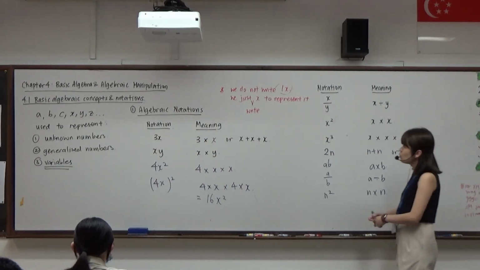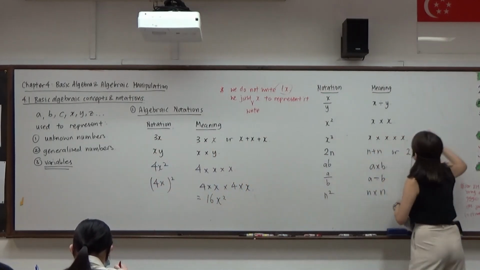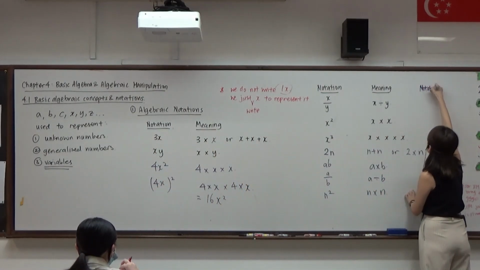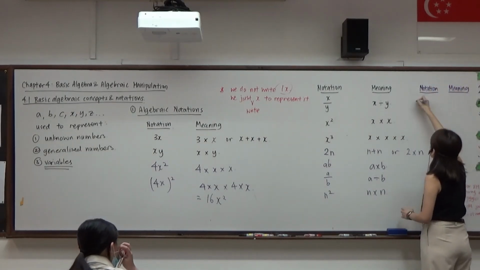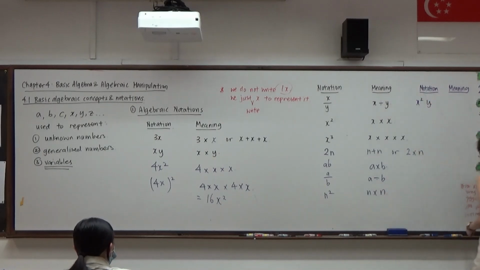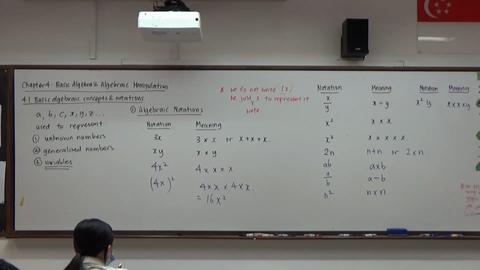Let's do one last one. Let me just write here: notation and meaning. What if I have x squared y? Not sure what you think it means. x times y. Let's see if someone else agrees. Brandon, you agree? x squared y means x times y.